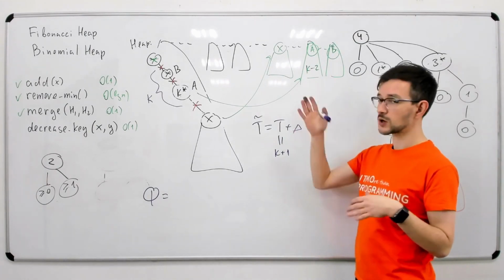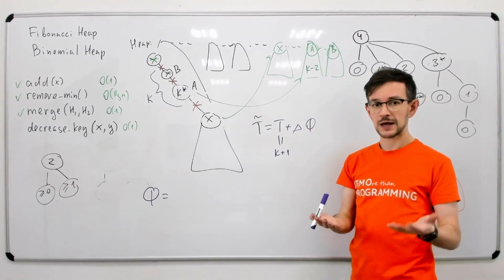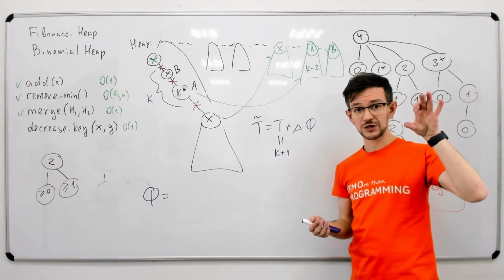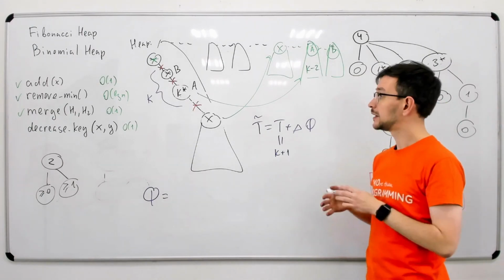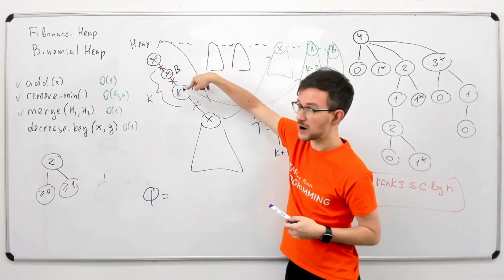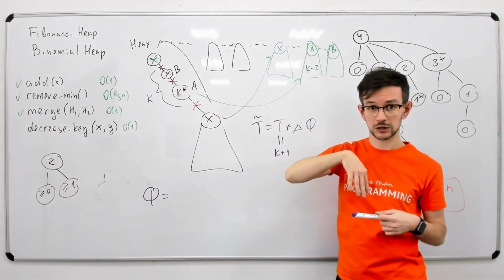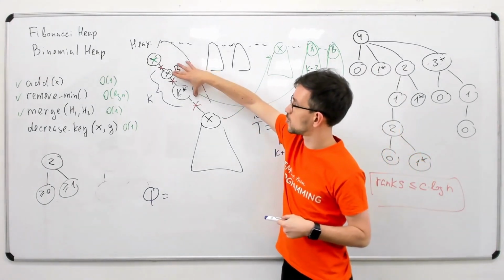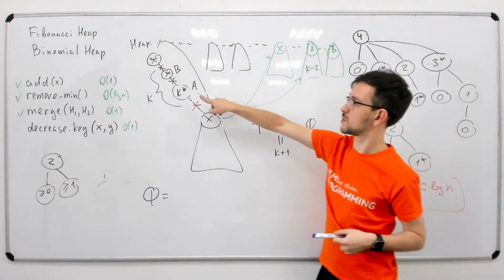We need to look at the long operation and see what is decreasing when we make it. In this case, the number of nodes which have these marks is decreasing, because we move these nodes to the root list and remove these marks.